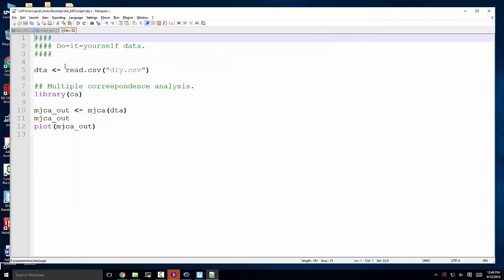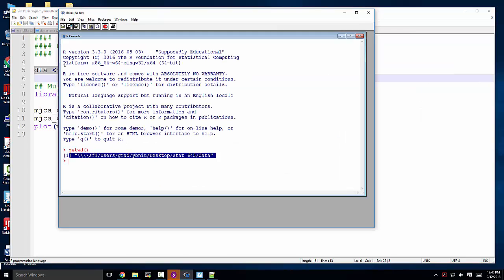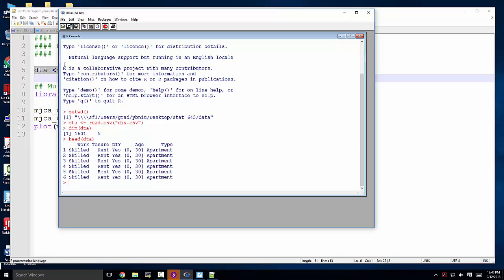So I'm going to just read in the data. So what do we have? We have 1,601 observations and 5 variables. Here's a peek at the data set itself, the first 6 rows. So here are our 5 variables.